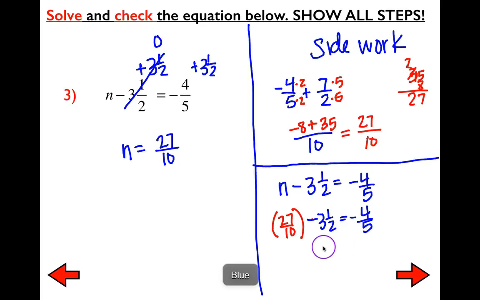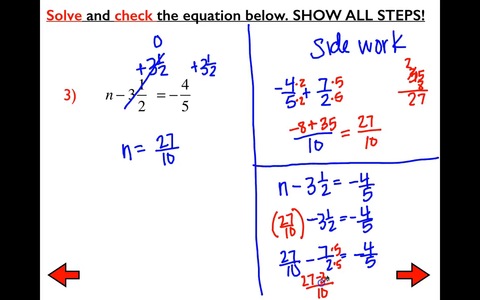So I'm going to go ahead and check my work. Let's see, this would be 27 tenths minus 7/2 equals -4/5. So here, let's multiply that by 5. So I would end up with 27 minus 35. Does that equal -4/5? Yes, it does.